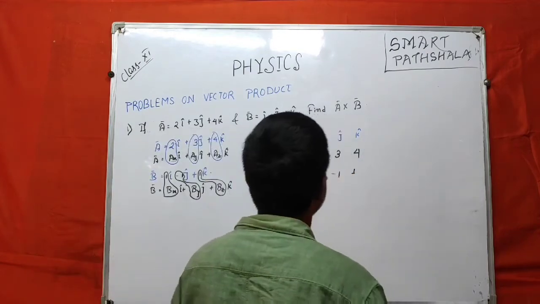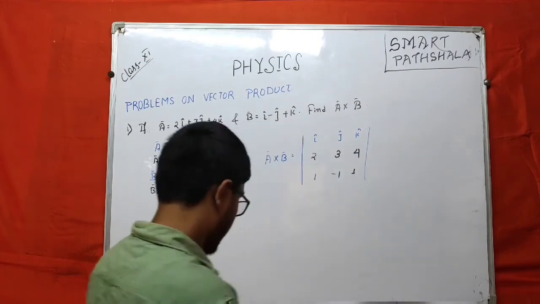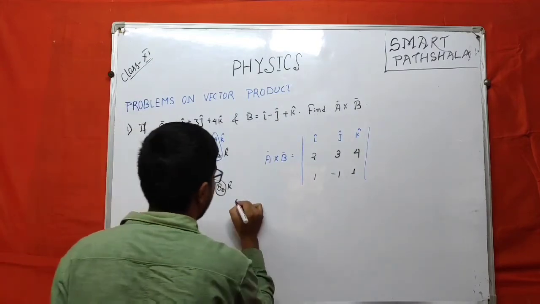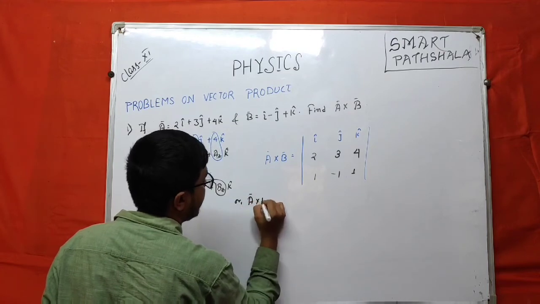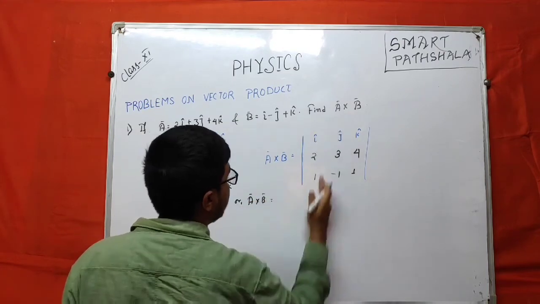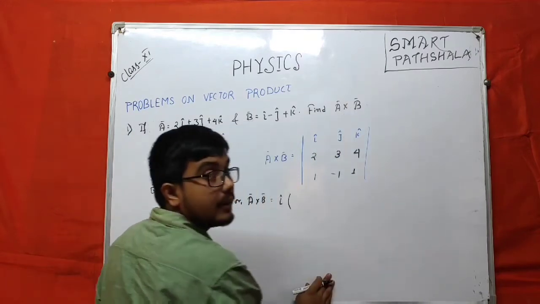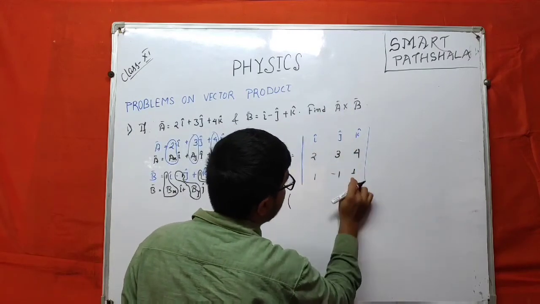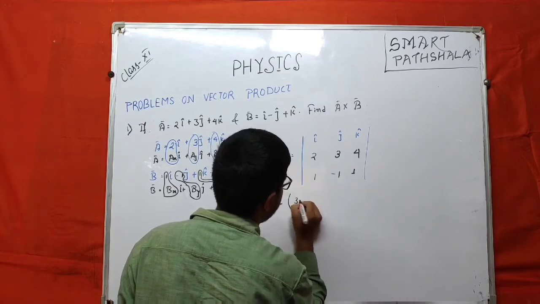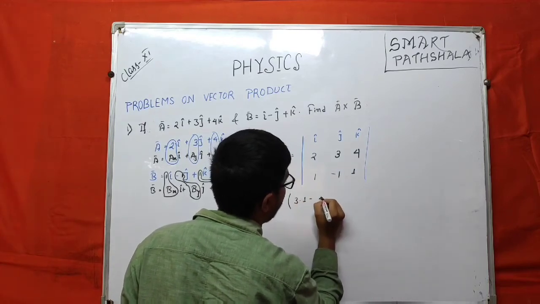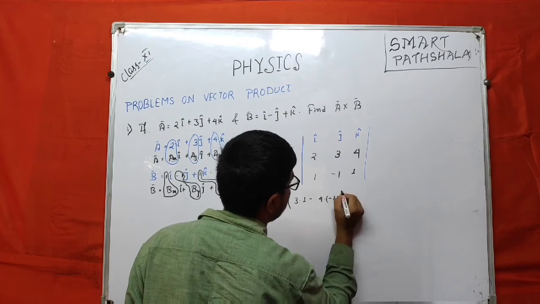That's it. Now A cross B equal to, first take i cap, delete this row and column: this into this minus this into this, that is 3 into 1 minus 4 into minus 1.